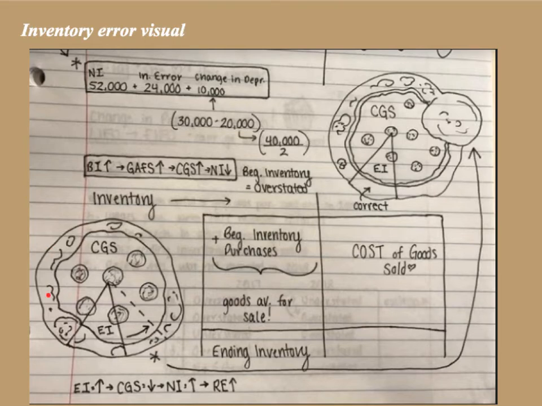This little pizza represents goods available for sale. These goods available for sale consist of two parts: ending inventory, here's the slice of ending inventory, and cost of goods sold, or eaten. So we're going to split it into this little piece and then cost of goods sold.